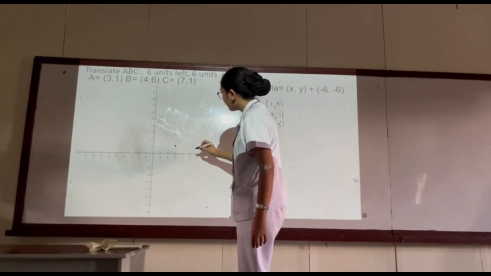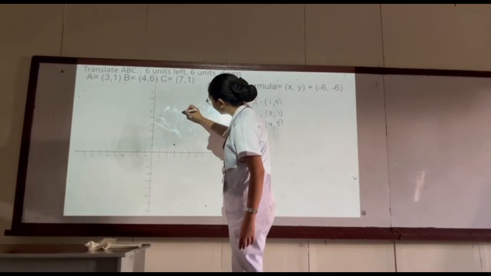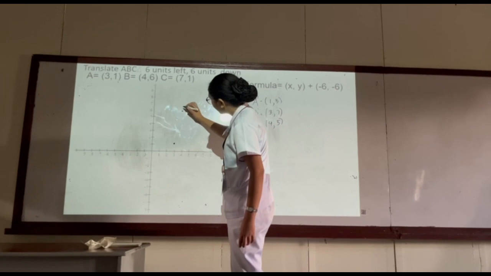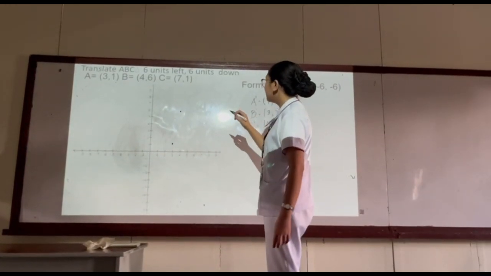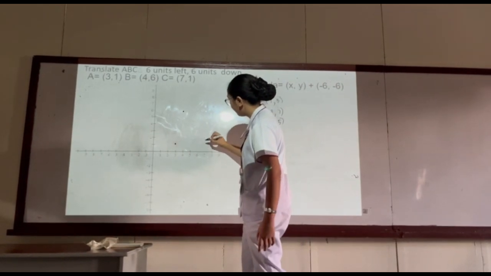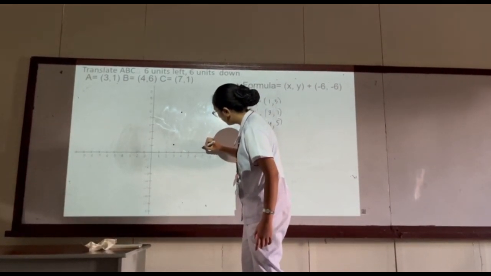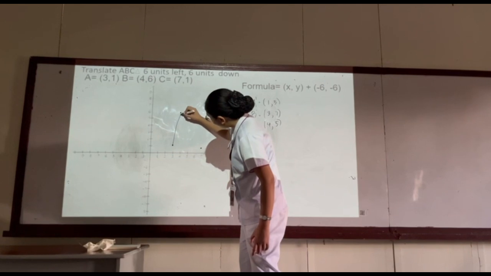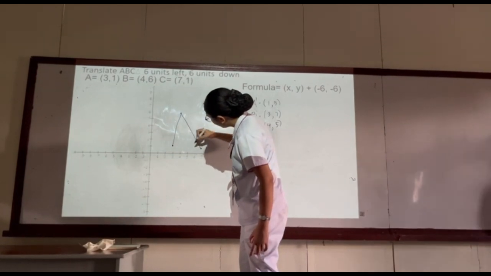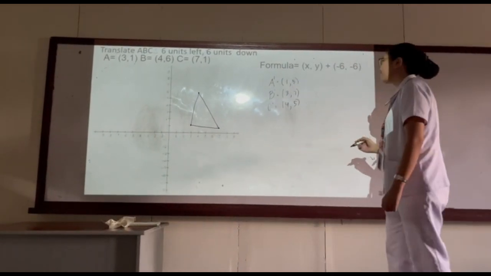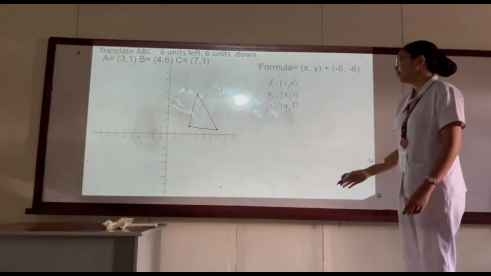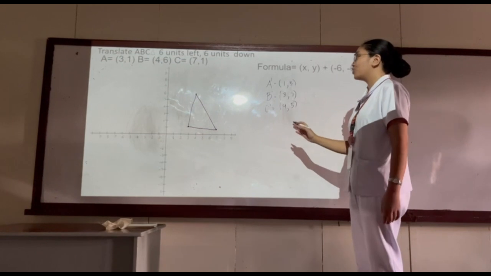B is 4, 6, right here. And C is 7, 1. So here is our object.